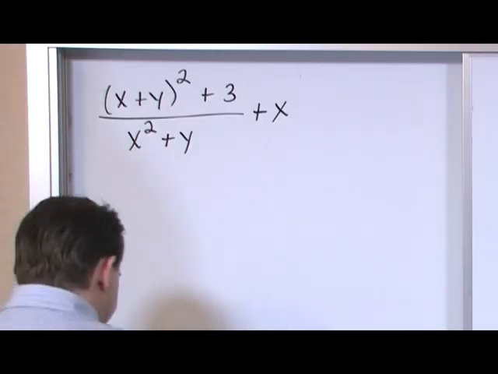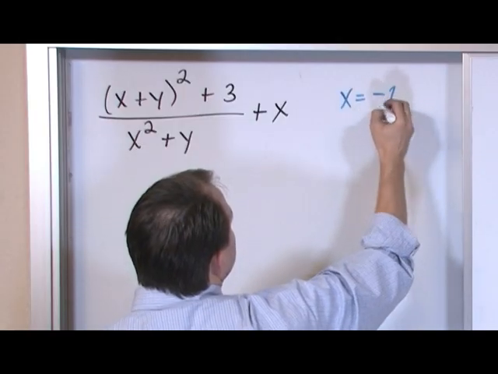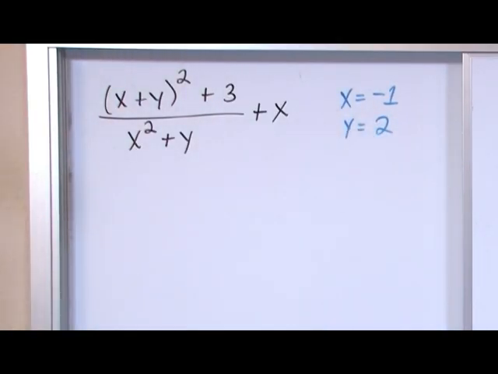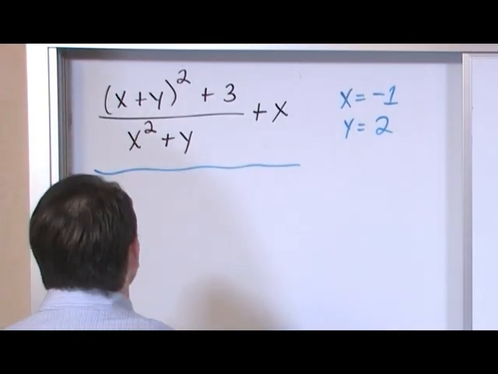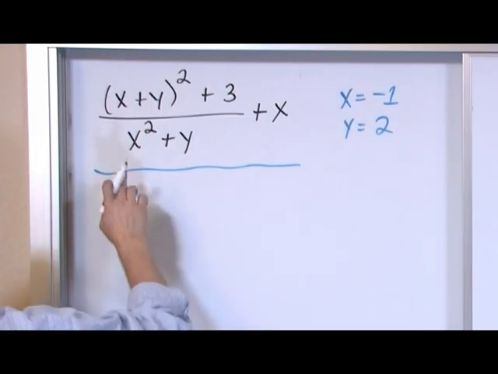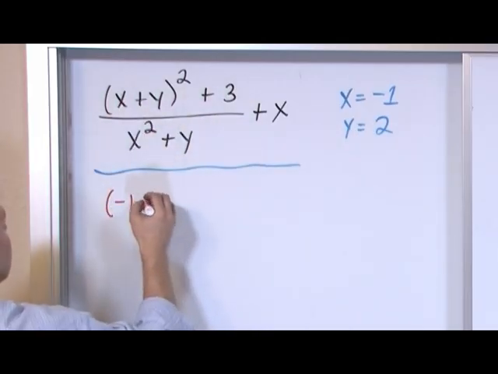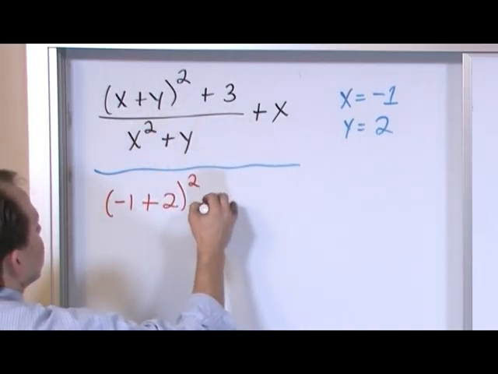And let's say, for our 2 variables, x is equal to -1, and y is equal to 2. So what would we do? Well, we're just going to proceed as we totally have been doing before. So inside of here, we're going to have x is equal to -1. -1 plus y is equal to 2. This is all going to be squared, plus 3.